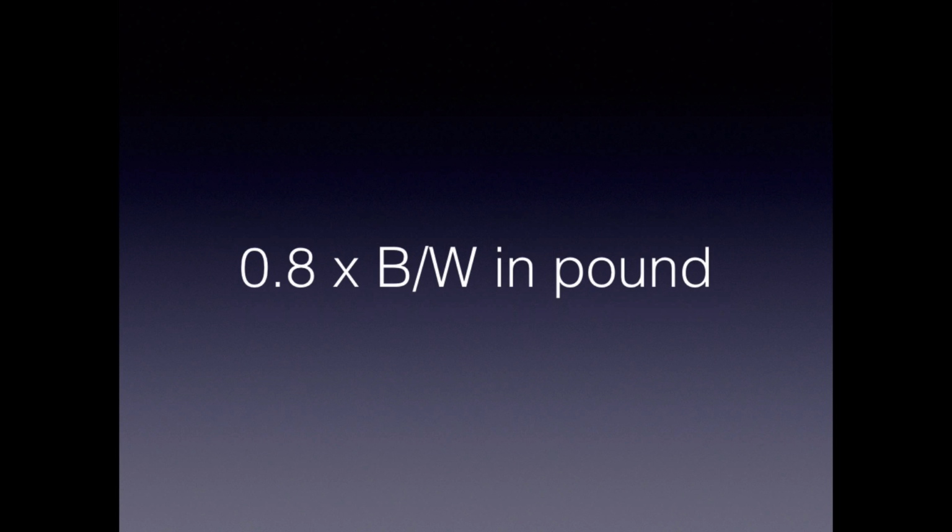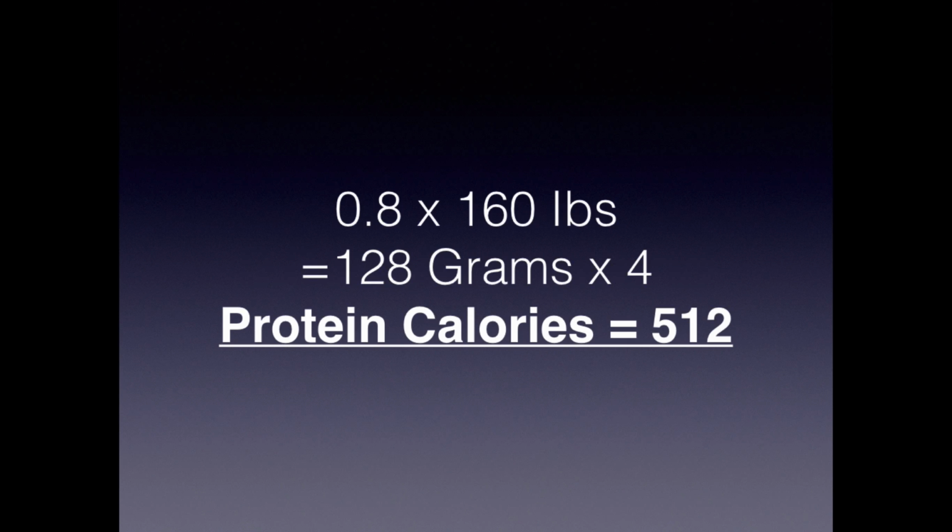To work out your protein requirements, we're going for a calculation of 0.8 times body weight in pounds. For a 160-pound person, that comes to 128 grams of protein per day as your target.